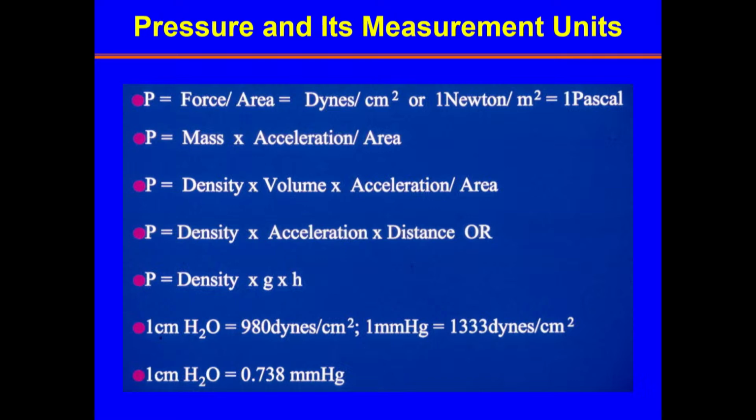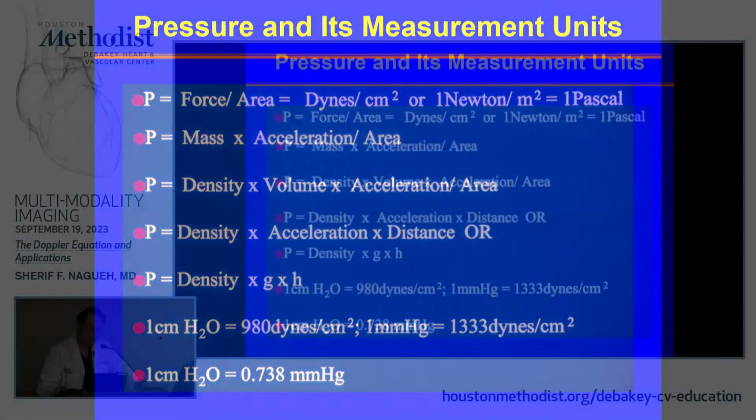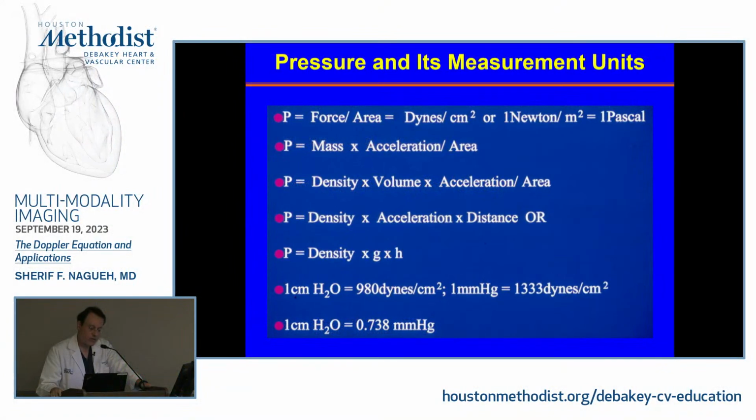Let us look at what are the possible derivations for pressure from that expression. So from Newton's second law, we can remove force and put in its place mass multiplied by acceleration. And still we are in the pressure expression that is divided by area. We do not measure mass necessarily for fluids, but we deal more with volume, and therefore we can remove the mass expression and put in its place density multiplied by volume.